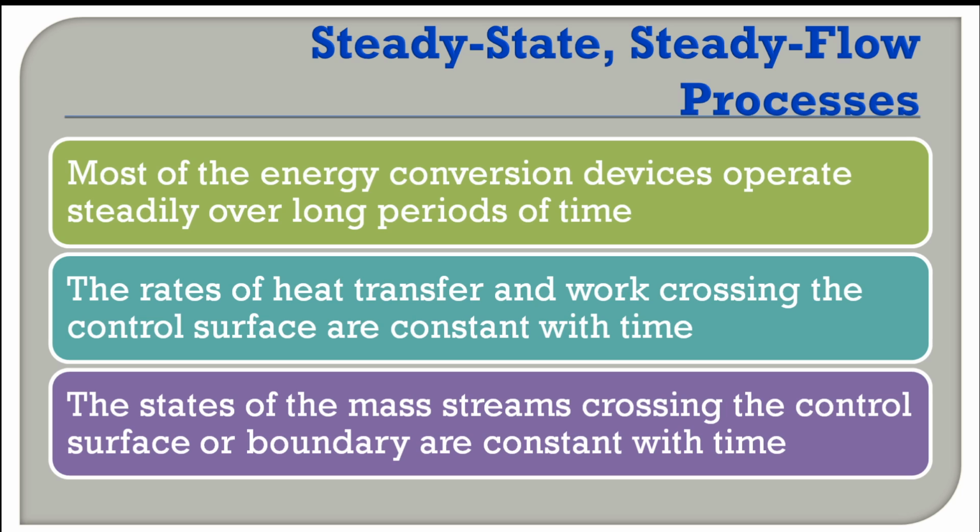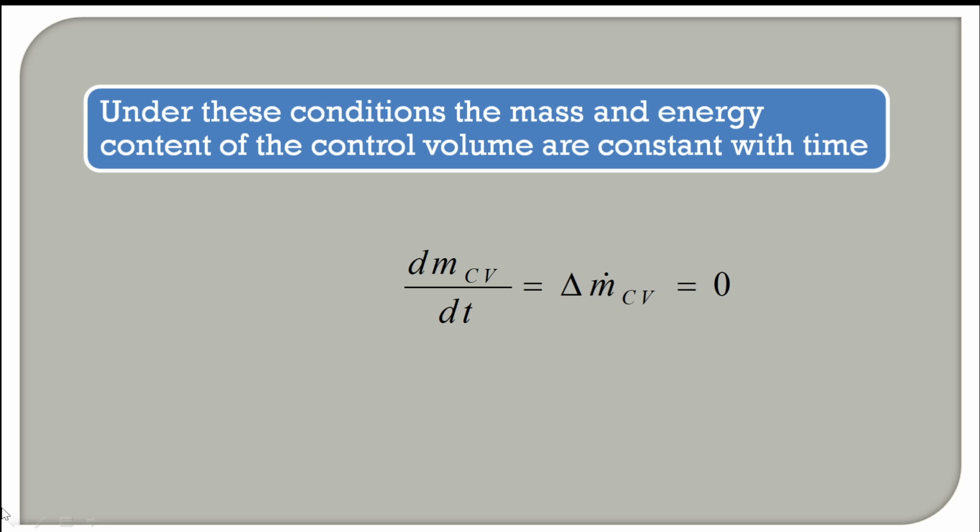There won't be much variation. So we can assume these devices are operating under steady state, steady flow conditions. Under these conditions, the mass and energy content are constant with time, or mathematically we can write d by dt of m_cv, that is the mass of the control volume, is equal to 0. There is no change of mass within the system.